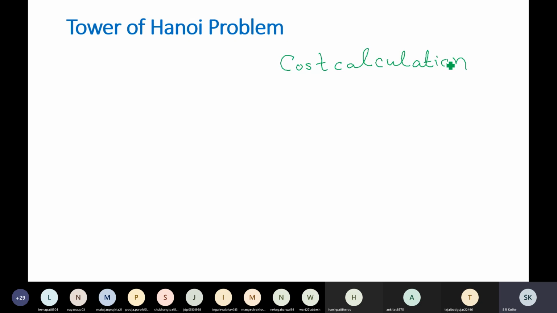Because now we are going to use this AO star search algorithm, which is also called the AND OR graph search algorithm, to get the better solution.